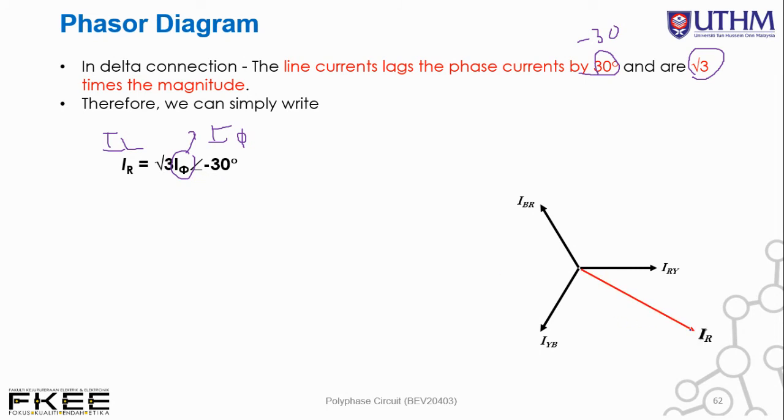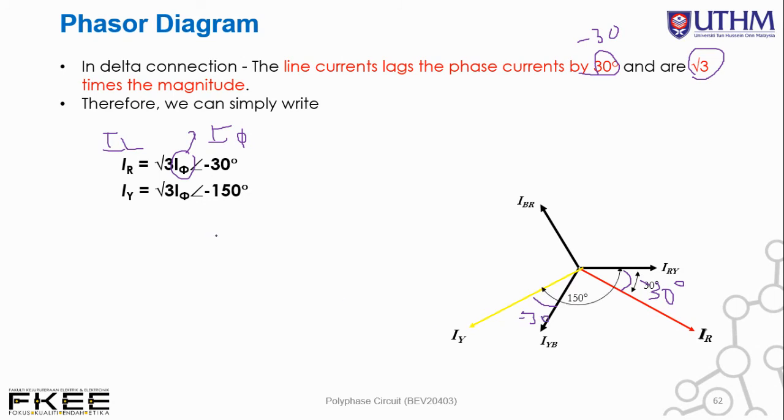So this is IR, the line current, sorry. And this is the phase current, so it is lagging behind by minus 30 degree. For IY, similarly, if you compare to IYB, the phase current, this is another minus 30 degree.